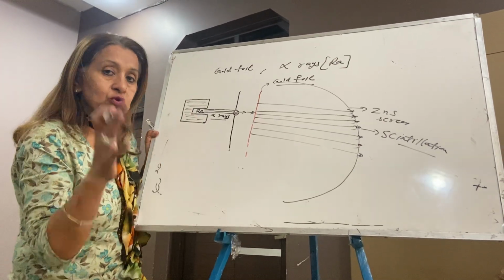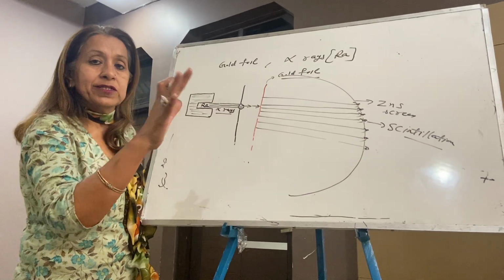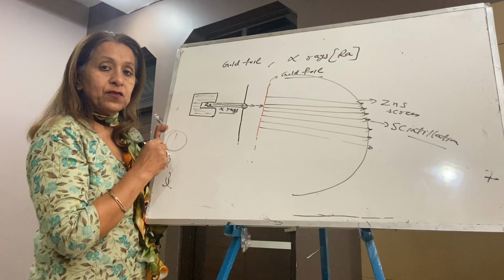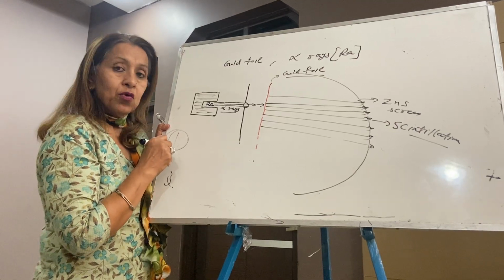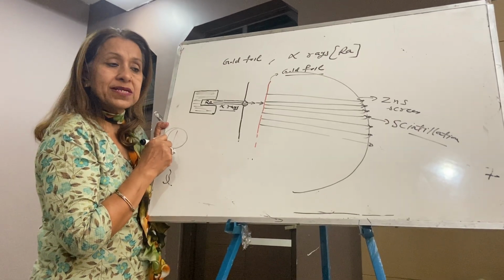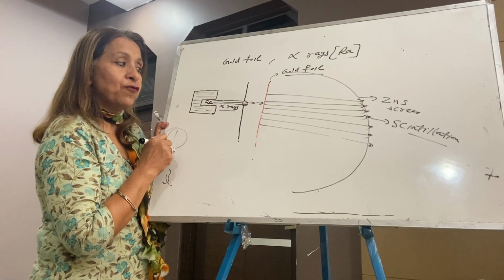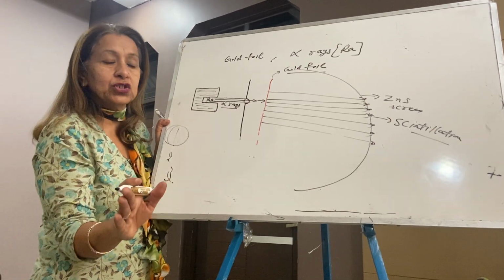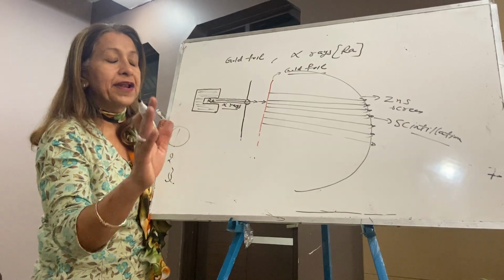These scintillations suggest most of the alpha rays passed through the gold foil undeflected. Write down: first, most of the alpha rays passed through the gold foil undeflected because a number of scintillations were observed on the ZnS screen.